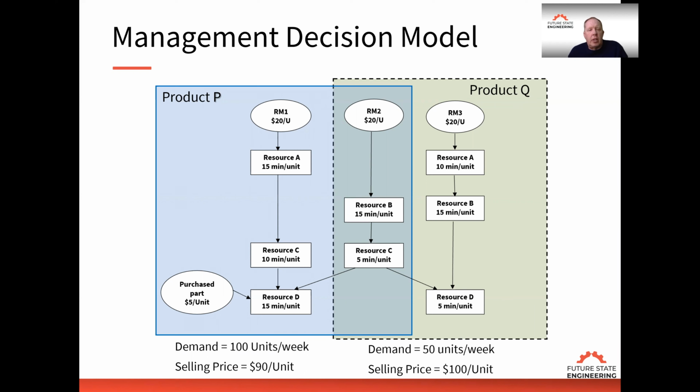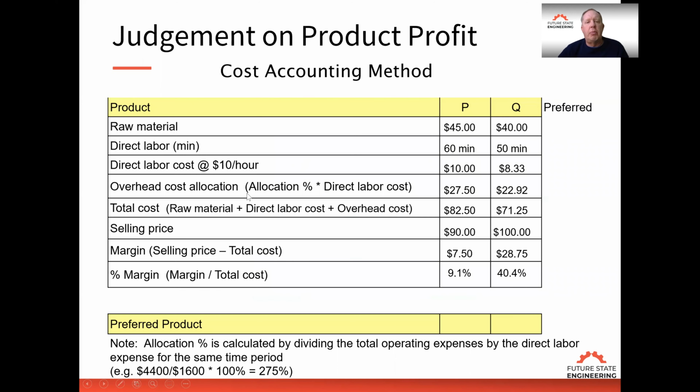So what I have here is two products, product P and product Q, that are made up of different components, go through different resource steps to produce the product, and have different demands and different selling prices. If we take this model and look at each product in isolation, such as calculating profit margin, we can use a cost accounting method for determining margin on each product.